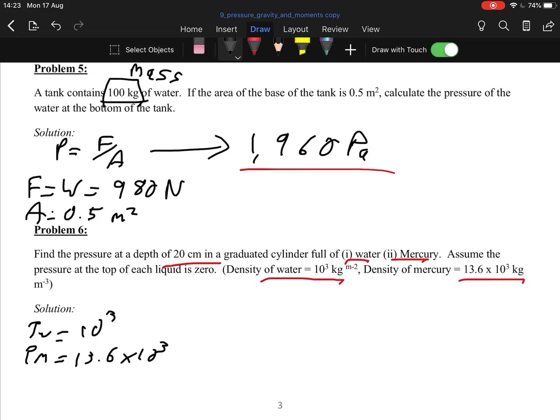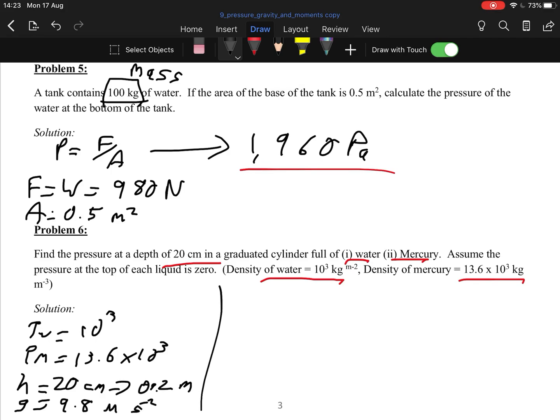So write everything we have down. We have density of water, 10 to the 3, density of mercury, 13.6 by 10 to the 3. Height, 20 centimeters. We have to convert that to meters, which is 0.2 meters. And gravity, unless it's stated otherwise, 9.8 meters per second squared.